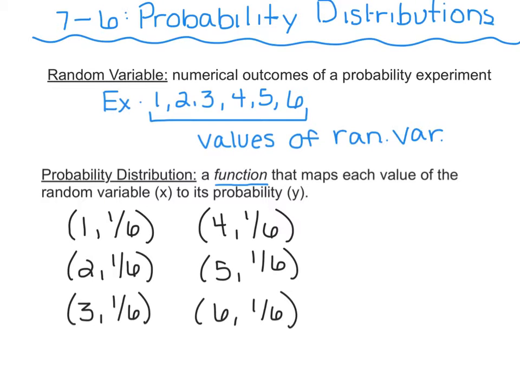And also, anytime you're working with a probability distribution, because this is supposed to cover the entire sample space, your probabilities should always add up to 1. If they don't add up to 1, you don't have a true probability distribution because you're either missing a piece or you've got some overlap. But in order to have a proper probability distribution, you should have an overall probability of 1 when you add all your outcomes together.